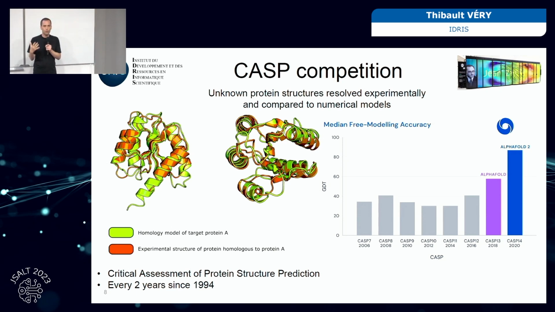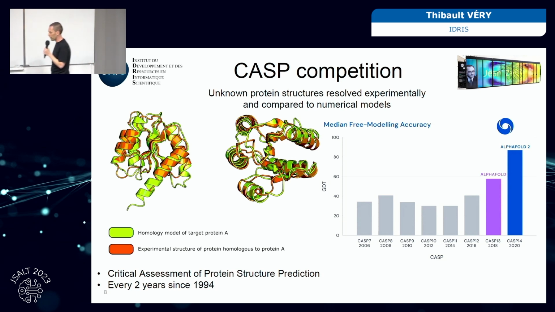Staying around 40 does not mean that the methods do not improve. It just means that the competition is much harder every year. So the methods improve, but since the competition is harder, we stay here. And in 2018, DeepMind participated in the competition with the model AlphaFold, and they gained 20 of GDT for the first time. And at the next session, 2 years after, in 2020, we reached almost 90 with AlphaFold 2.